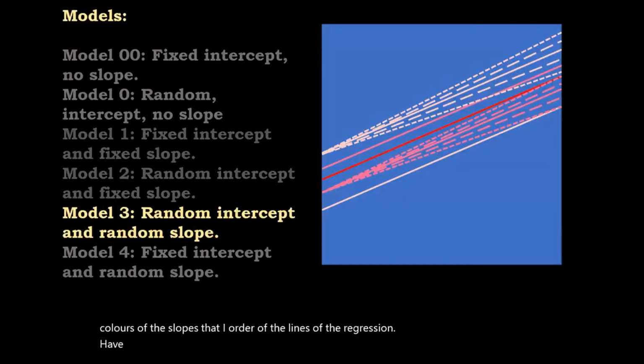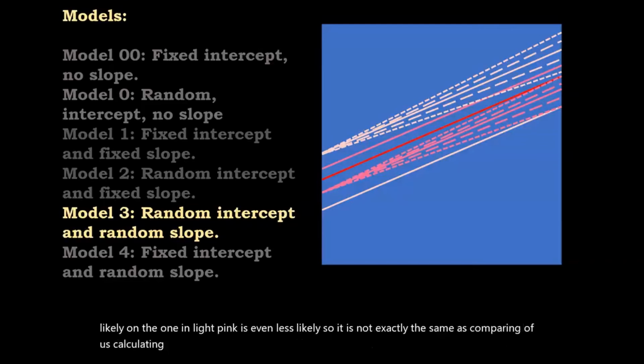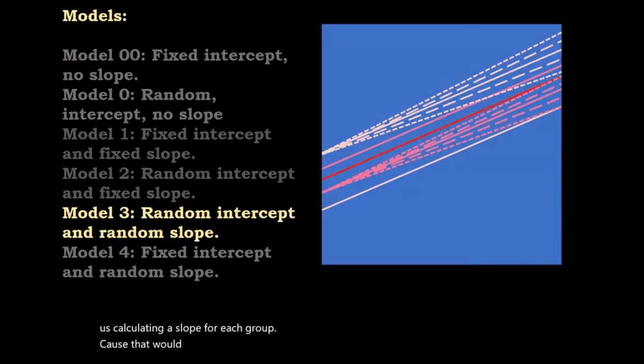The one in red is more likely, the one in dark pink is less likely, and the one in light pink is even less likely. So it is not exactly the same as calculating a slope for each group, because that would be calculating too many parameters.